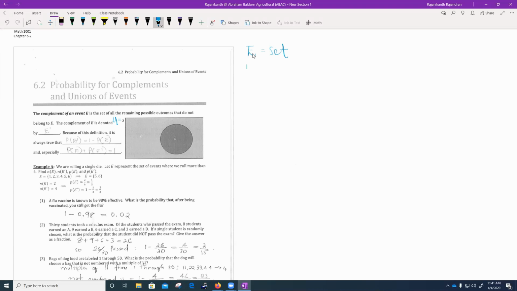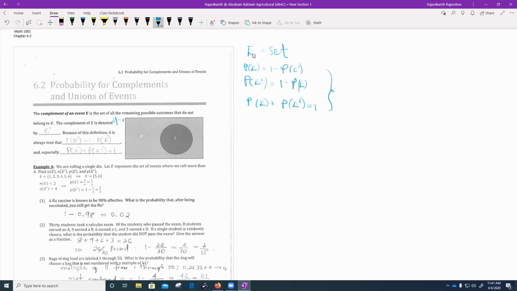The probability of any event E is given by 1 minus the probability of event E prime, or the probability of any event E prime is given by 1 minus the probability of event E, or the probability of E plus the probability of E prime is always going to be 1. These are the three important formulas we have under complement of event.